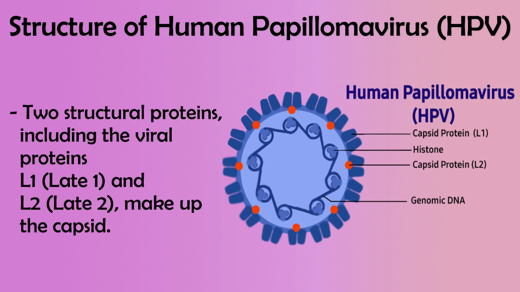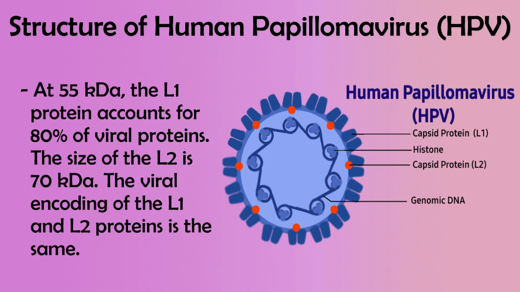Two structural proteins, the viral proteins L1 (late 1) and L2 (late 2), make up the capsid. At 55 kDa, the L1 protein accounts for 80% of viral proteins. The size of L2 is 70 kDa.